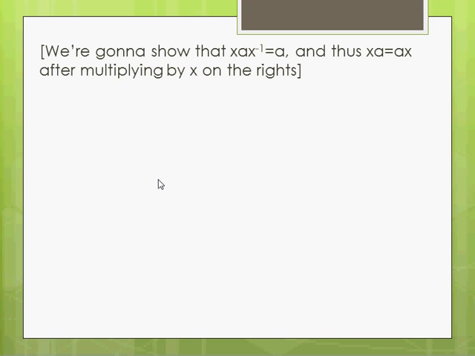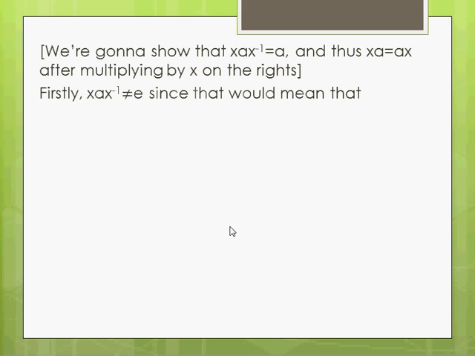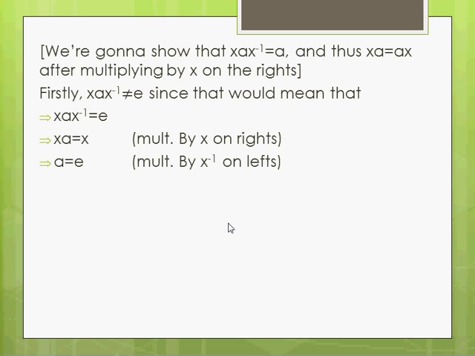So our whole point is to show that XA X inverse is A. We're going to start by showing that it's not E. If XA X inverse were E, when you multiply on the right by X, you end up with XA equals X, which means that A must equal E. And A is not E.